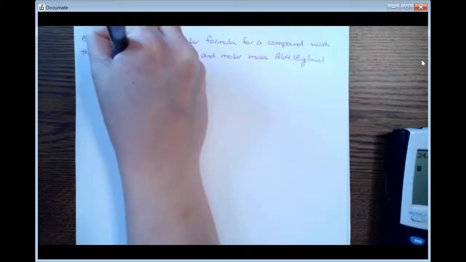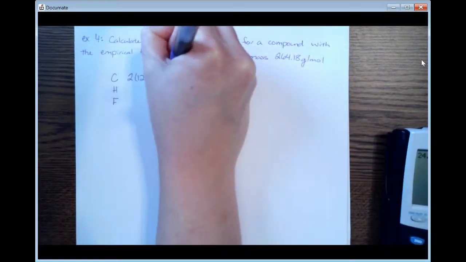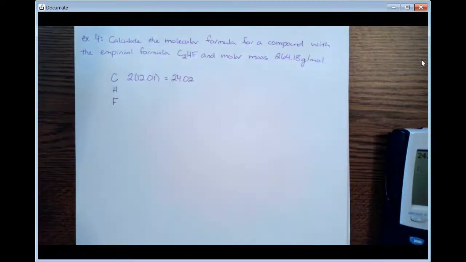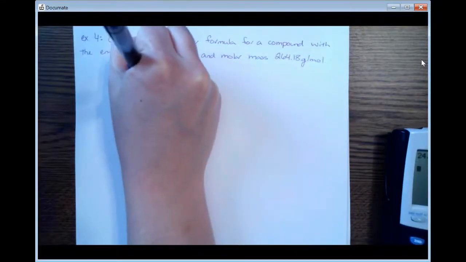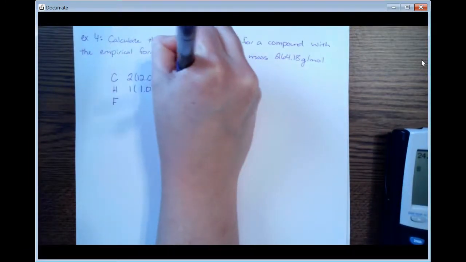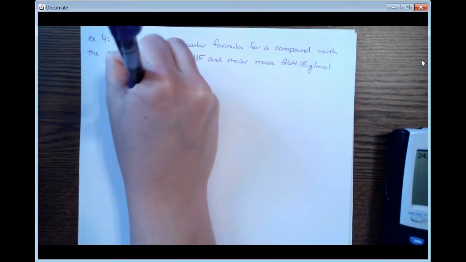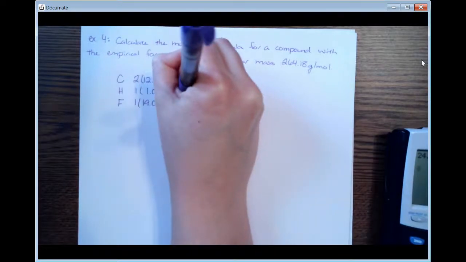I have 2 carbon. So that gives me 24.02 for the carbon contribution. I have 1 hydrogen in this case. So that's easy enough, 1.01. And I have 1 fluorine, and fluorine has a molar mass of 19.